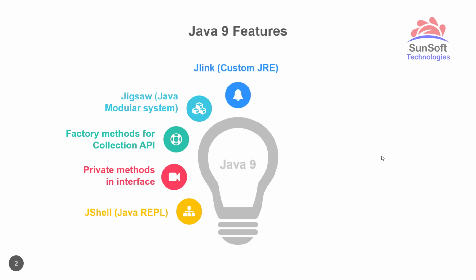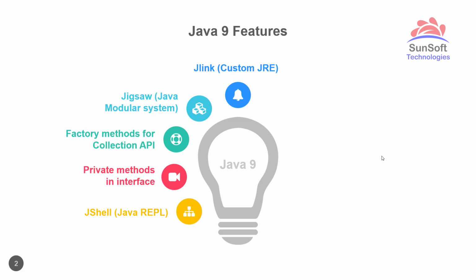Next, JLink. This will help you to create a custom JRE. Now why is this required? Let's take an example. In the traditional manner, whenever you write a program in Java, say just a two-class program, to run that program there will be so many other classes which are also loaded by the JRE. That simply affects the performance even when they were not required.